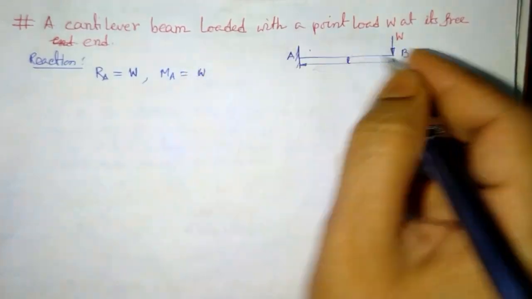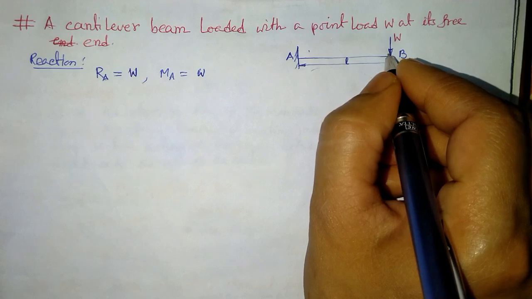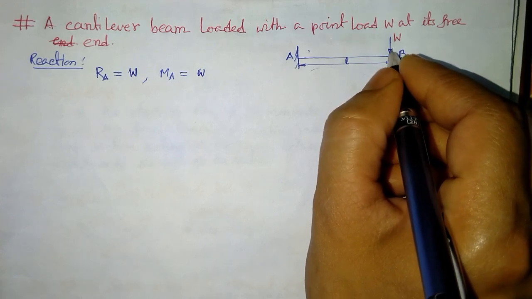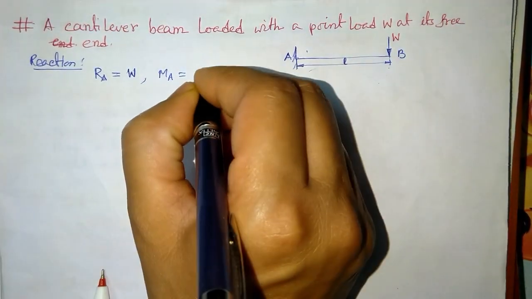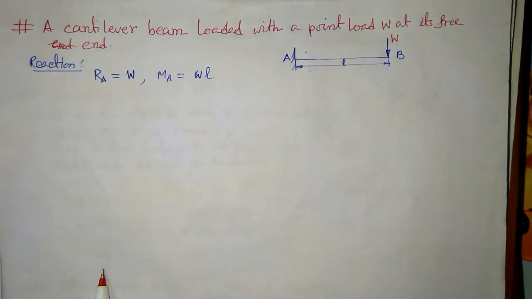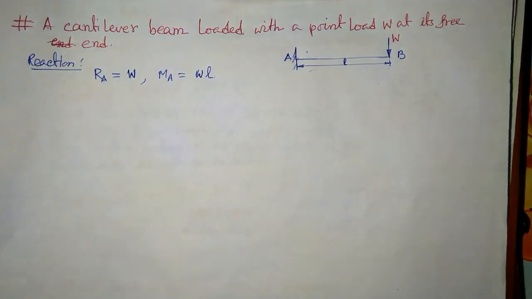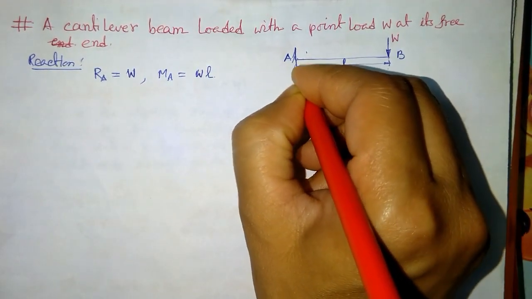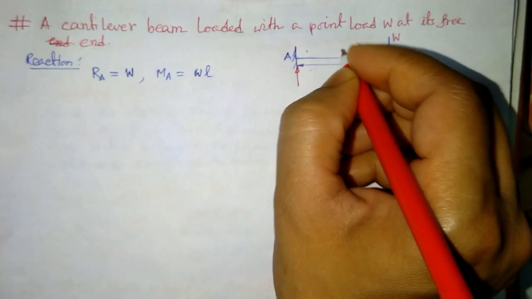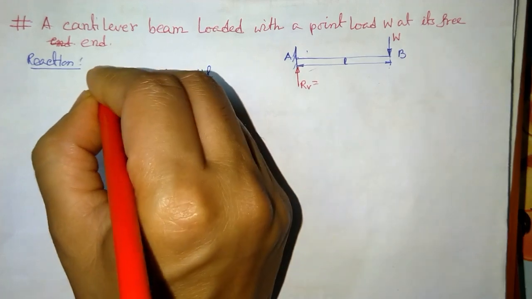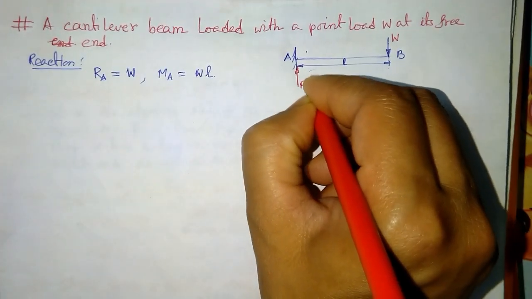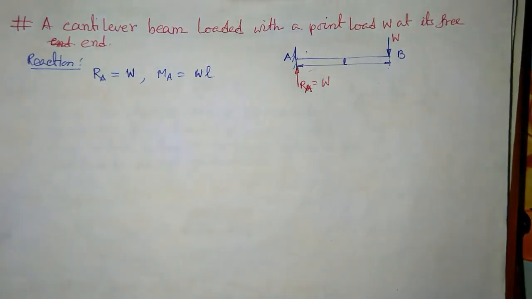We know moment means force into the perpendicular distance between the line of action of the force and the point about which we are determining the moment. So this is W into L, the moment at point A. The vertical reaction is RA equal to W, and because there is no horizontal force, our horizontal reaction will be 0. Whichever problem we get, the first task will be finding the support reaction.